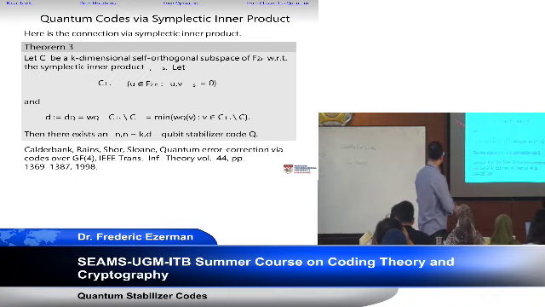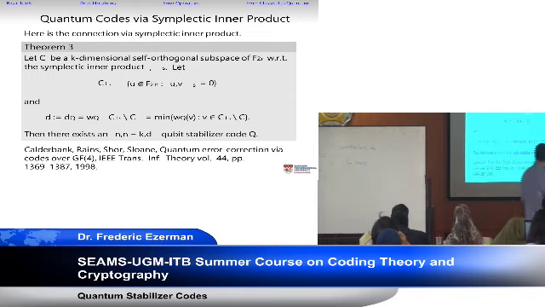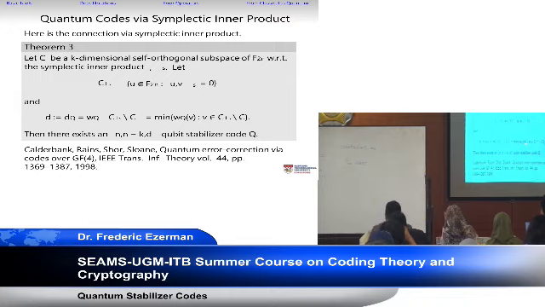Okay, so what happened here? If C is a k-dimensional self-orthogonal subspace with respect to this symplectic inner product, you define the dual with respect to that symplectic inner product. Now the distance is connected to the distance of elements in the dual minus the original code.